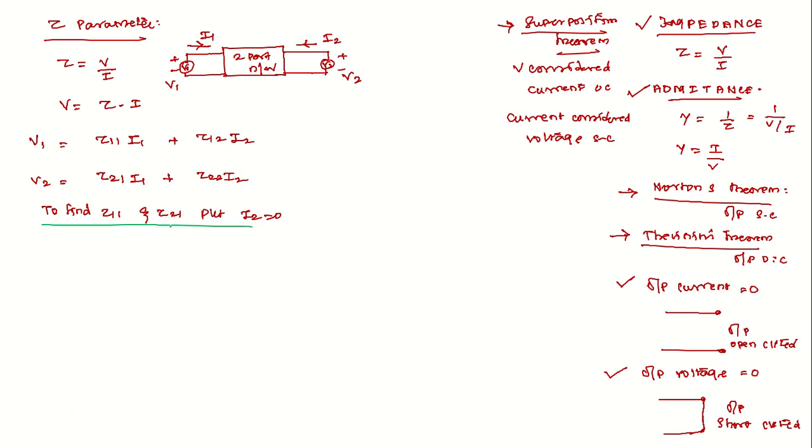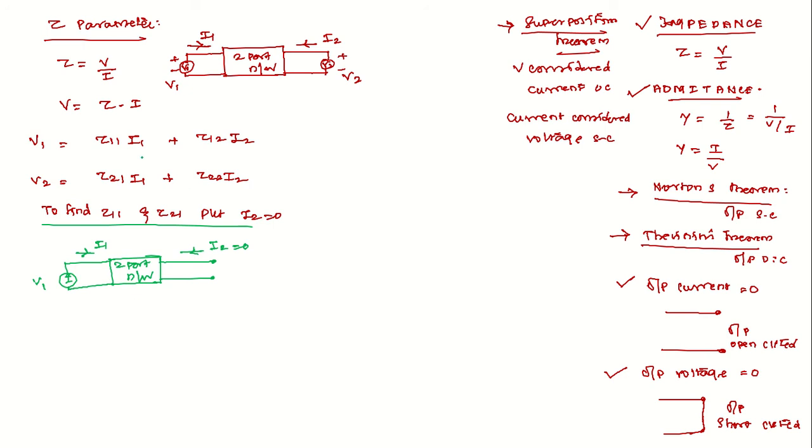Now the circuit could be redrawn as a two-port network in which plus and minus, and your output side is open circuited. So the current is called your I1 and this is called your V1, and here the I2 is equal to 0.